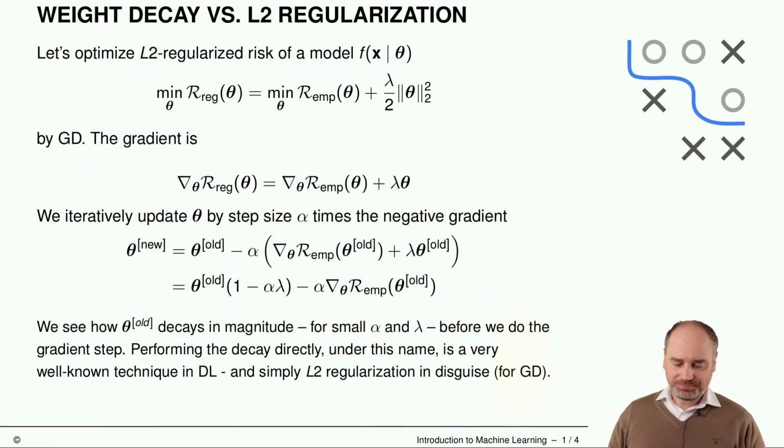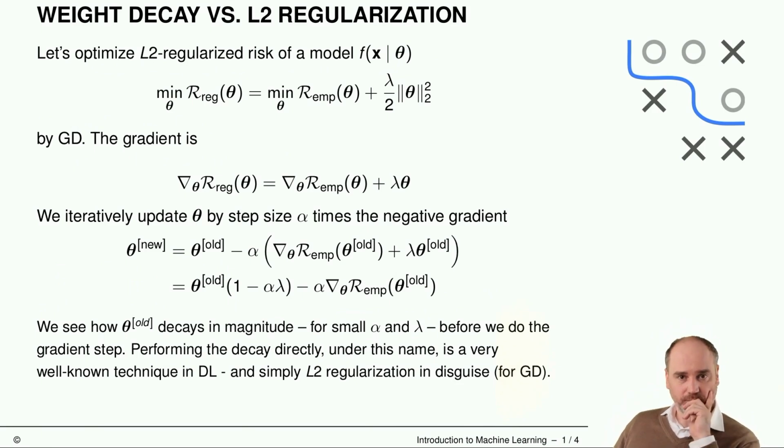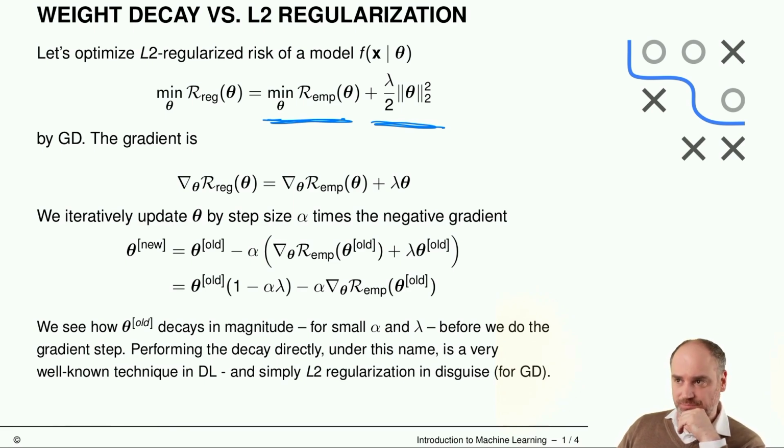Good. So let's write down again the objective function for RRM. And I will use now specifically L2 regularization here with a control parameter of lambda divided by 2. And here the first part of the regularized objective is simply our good old empirical risk.